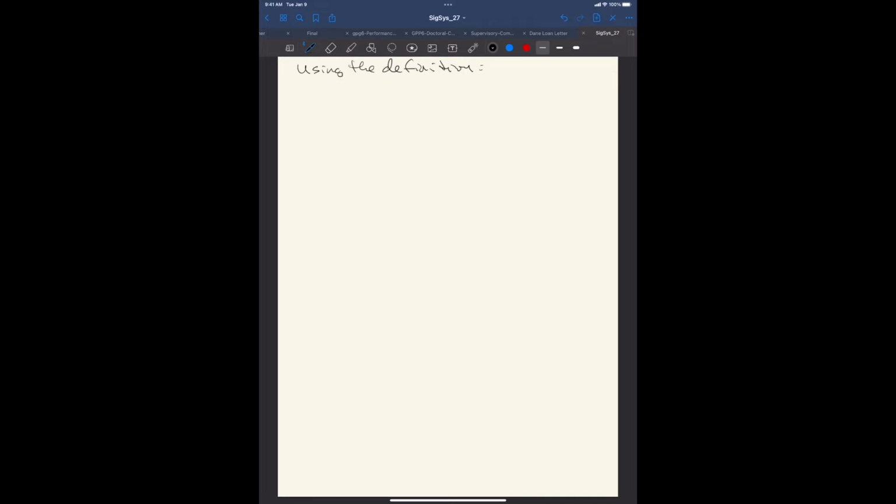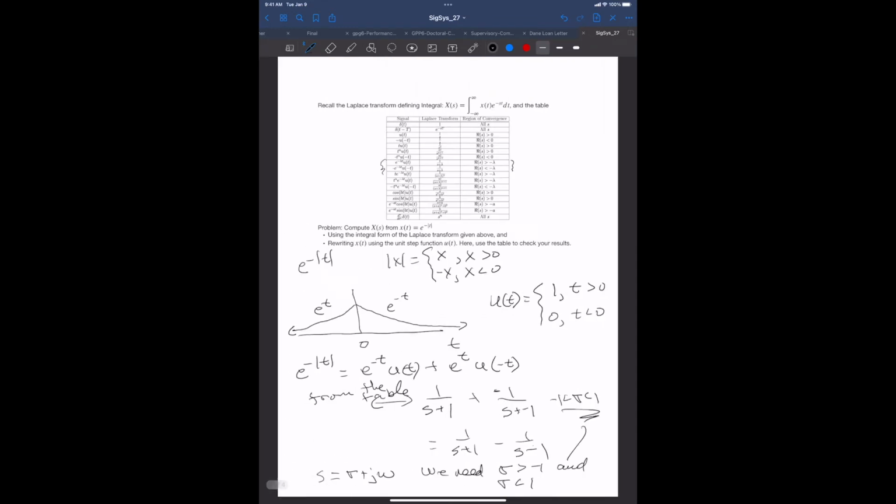Then I have X of s equal to the integral from minus infinity to infinity of x of t e to the minus st dt, which is equal to the integral from minus infinity to infinity of e to the minus t u of t plus e to the t u of minus t, all that times e to the minus st dt, right? Just using what you see over here.